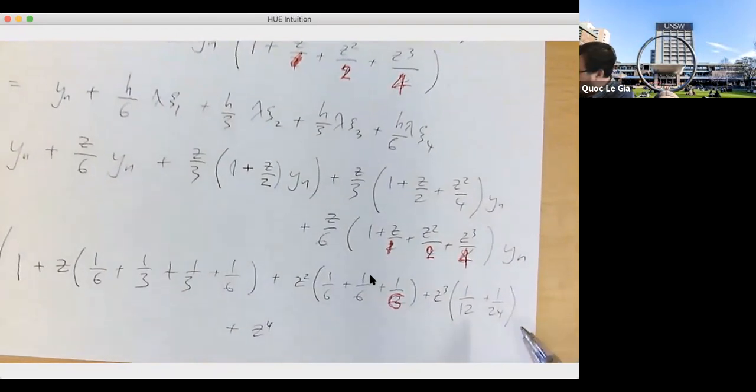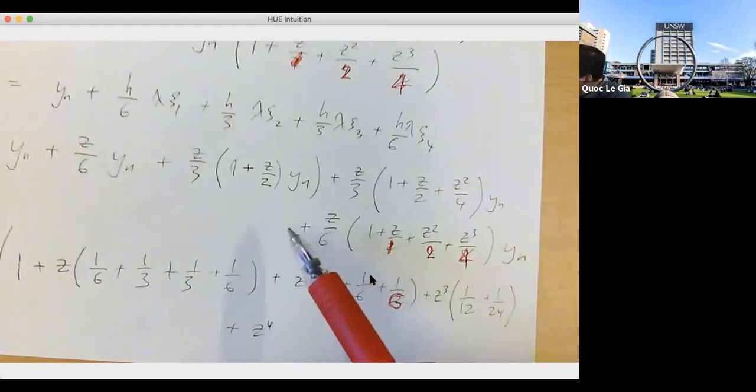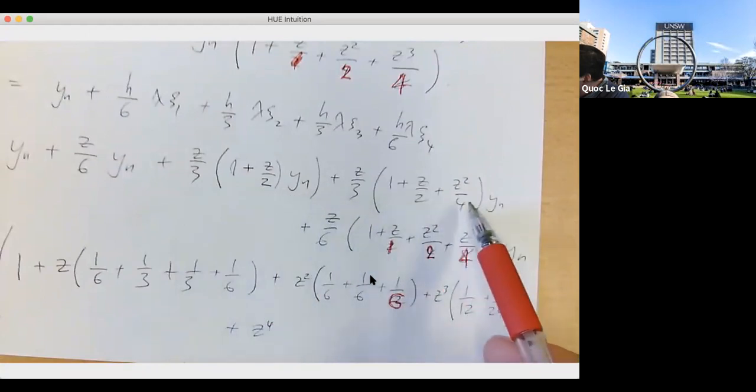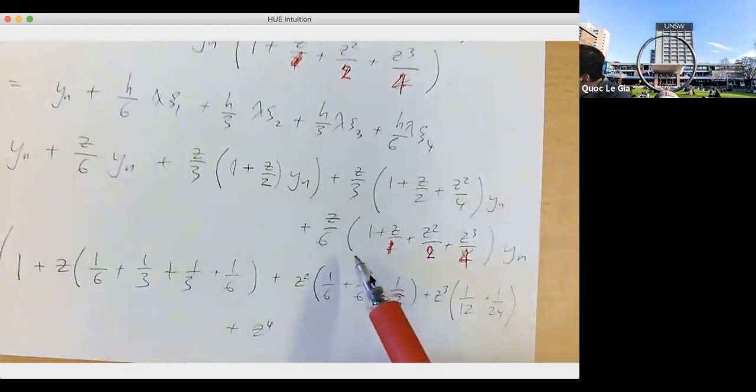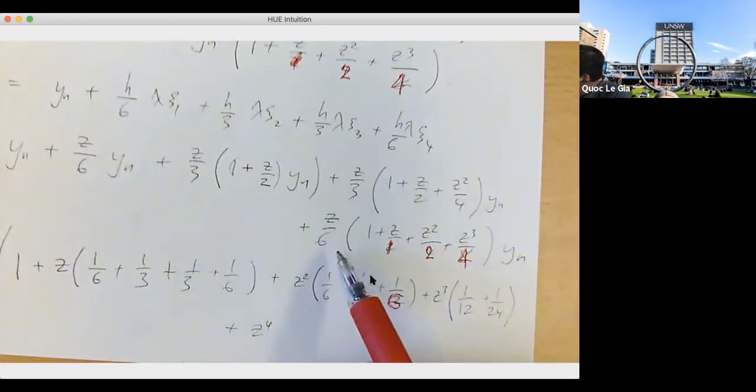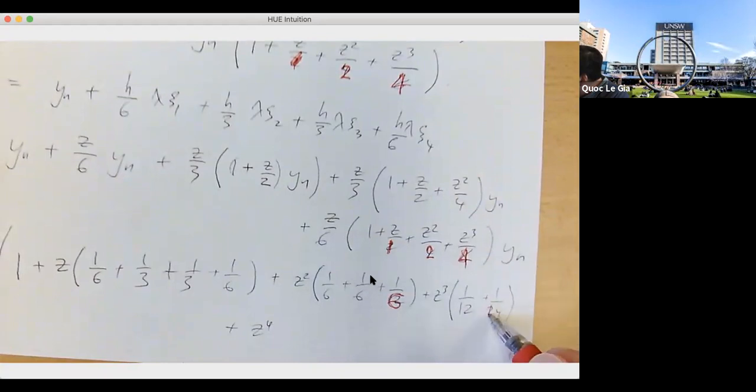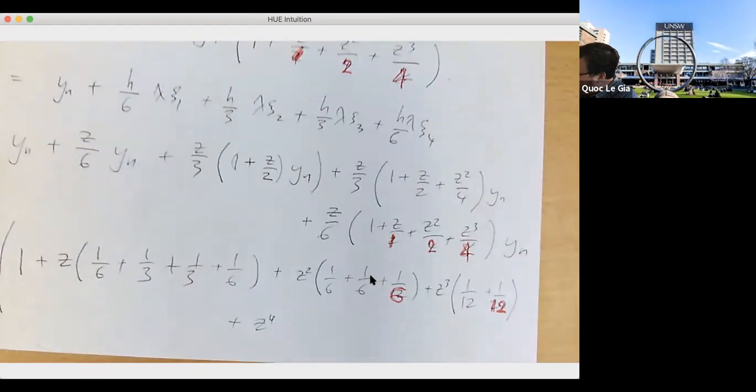Okay. And for z cubed, then you have 1 over 12, and the last one is 1 over 12. Okay. And for z4, the last one will be z4 over 24.